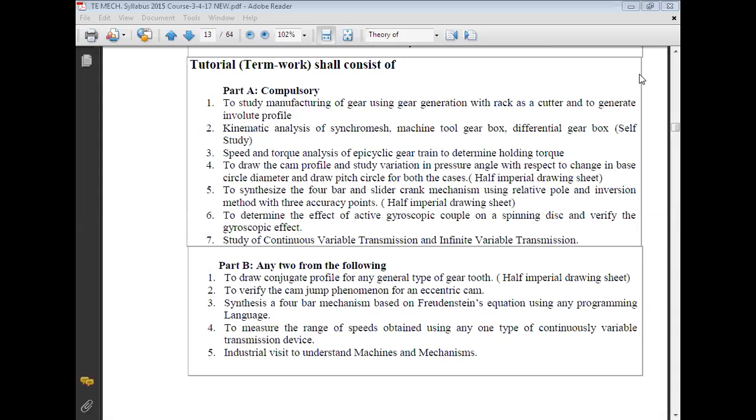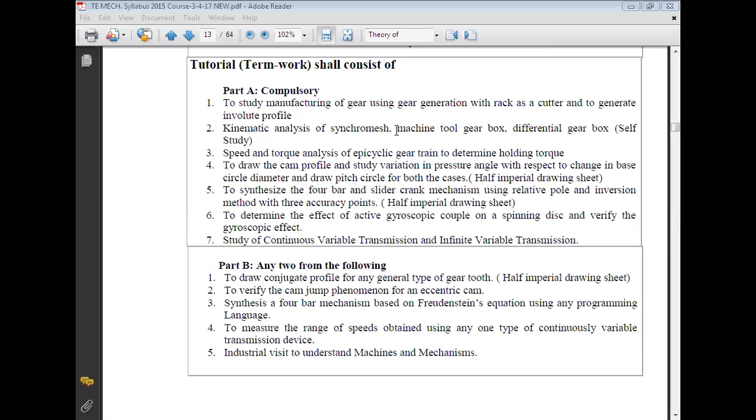Now, it has two parts. One is part A, and another one is part B. So part A is the compulsory one. You must do it. And in part B, we have 5 different assignments or experiments, out of which we are supposed to follow 2 assignments.